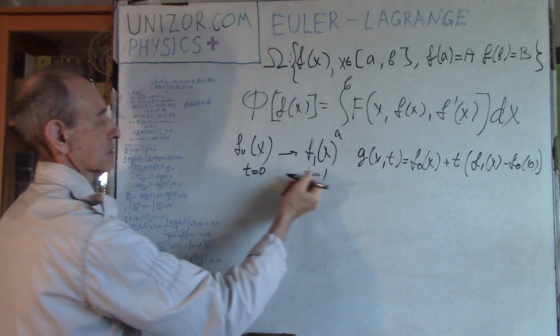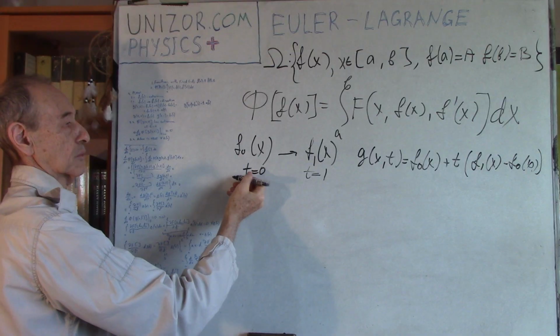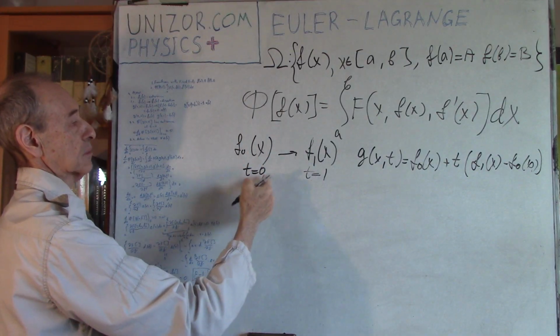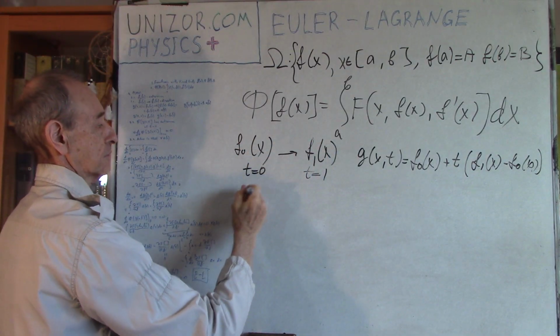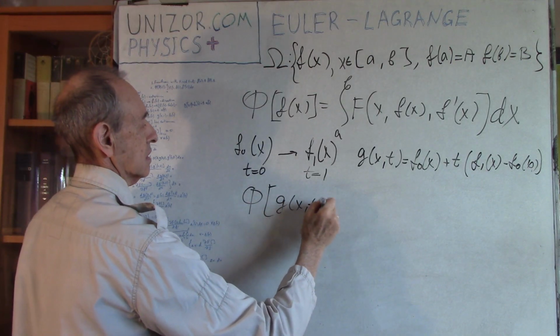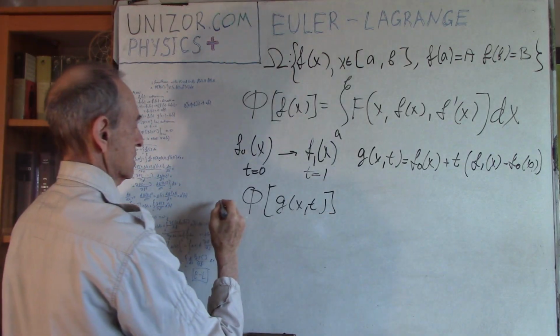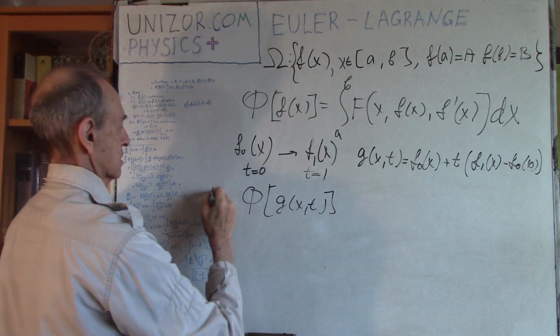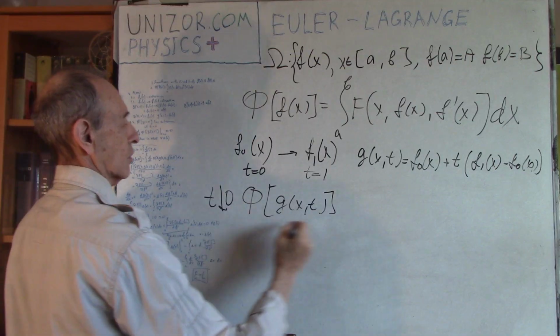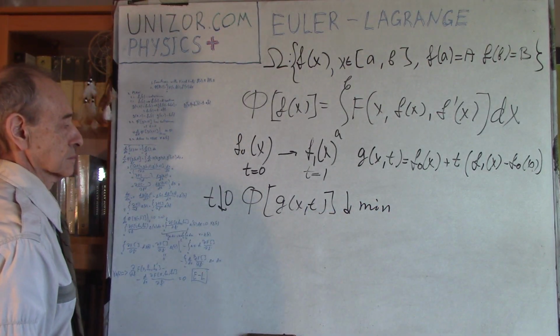So as t goes from 1 to 0, let's say we're talking about a minimum, my function phi of g of x and t would go down to a minimum, right?